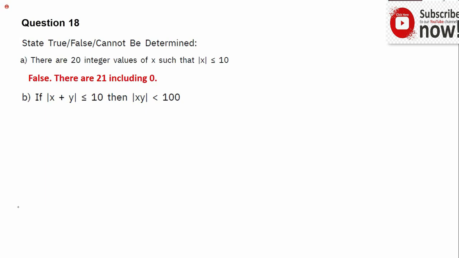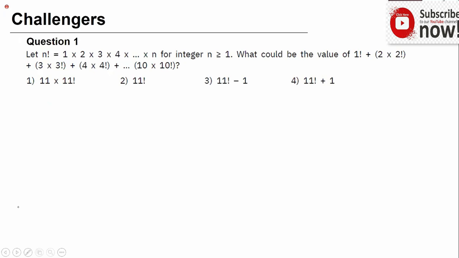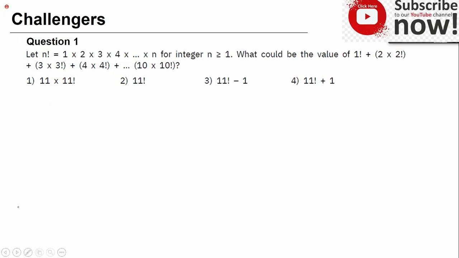All right. Next one. Let's talk about challengers. Rakshit, now it should be visible. So we have already done one such type of question, right? 1 into 1 factorial, 2 into 2 factorial, 3 into 3 factorial, 4 into 4 factorial, and so on. So what is this product? We have already seen, as per the pattern, you remember?